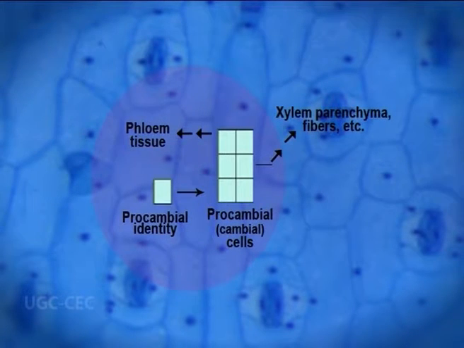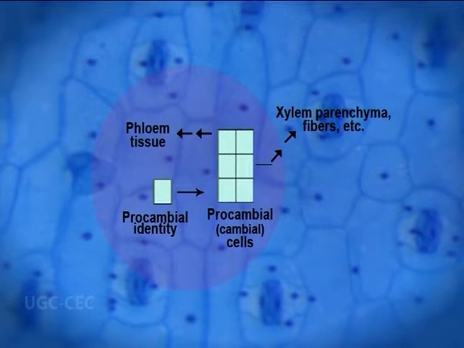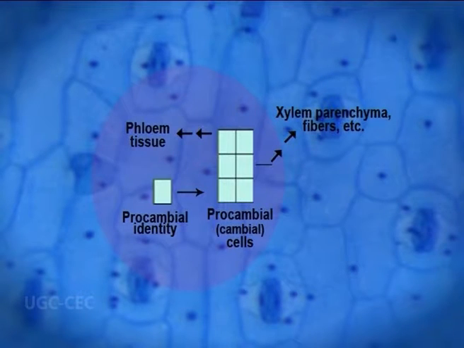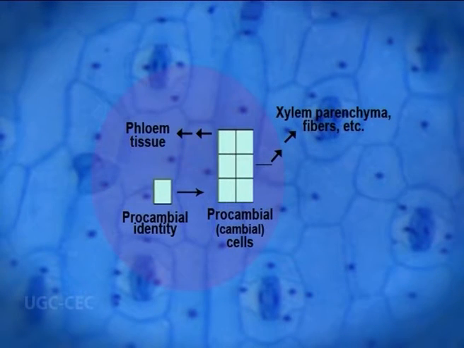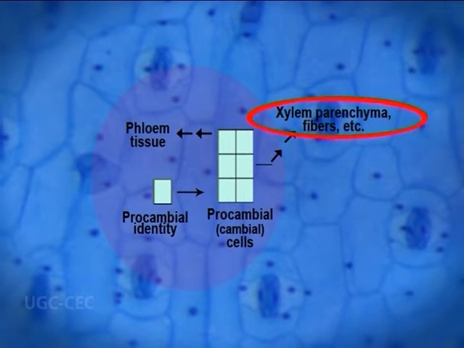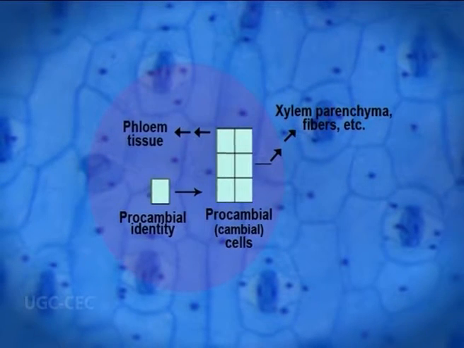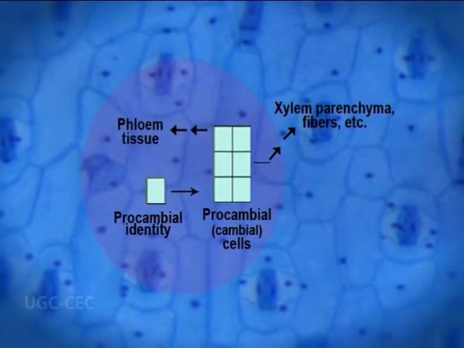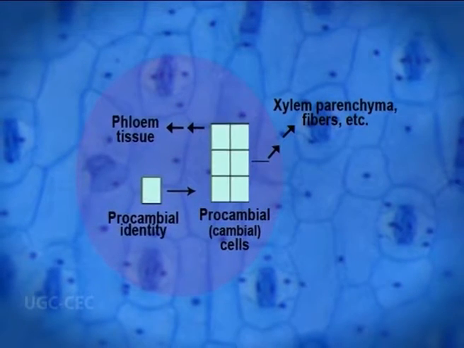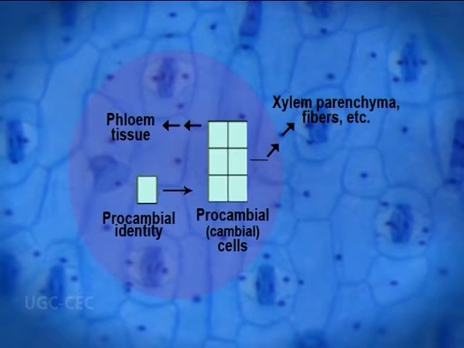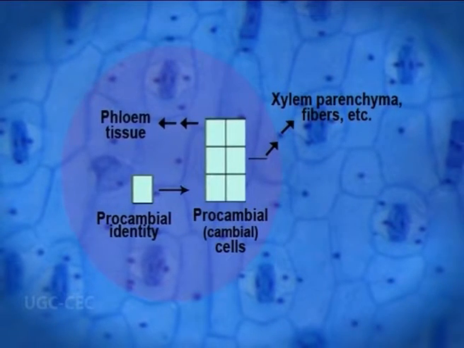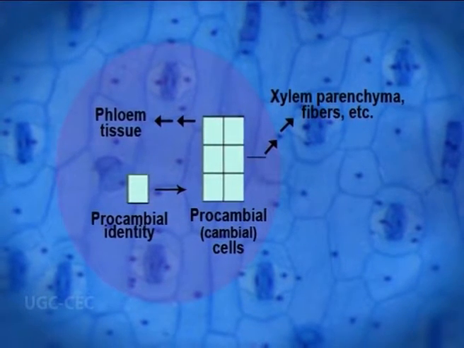Procambium is polar in terms of the final fates of their daughter cells. The daughter cells may become either xylem precursor cells or phloem precursor cells, depending on their position. This suggests that the cambial cells at different positions receive different signals that specify different cell fates.